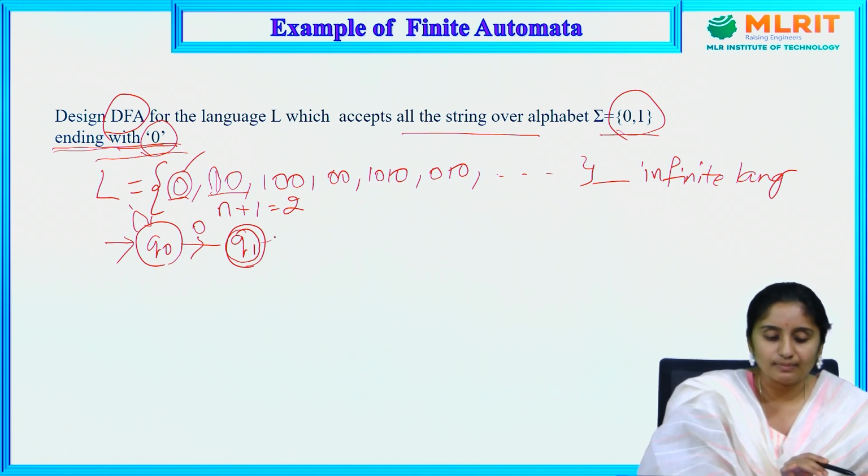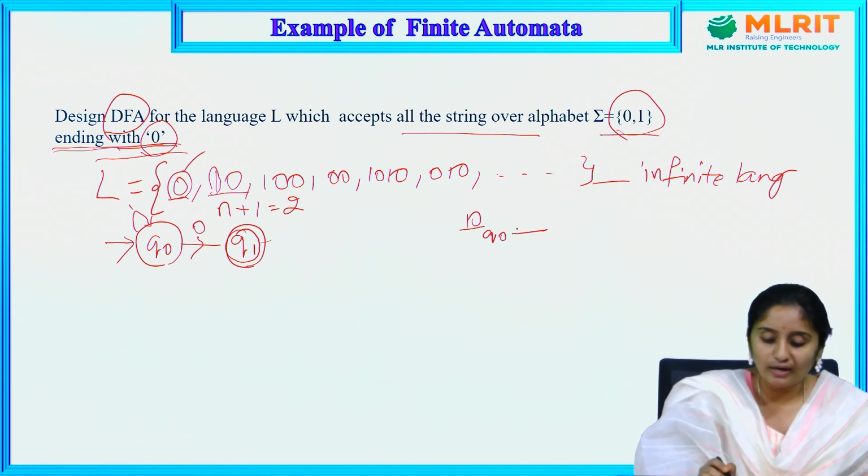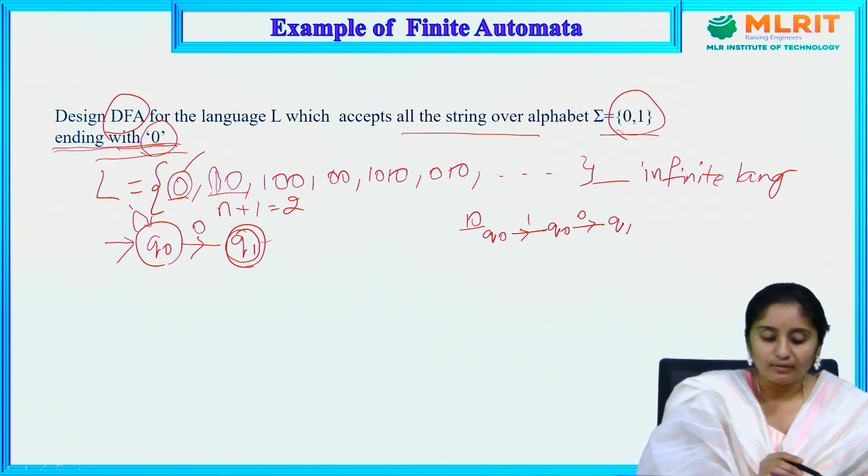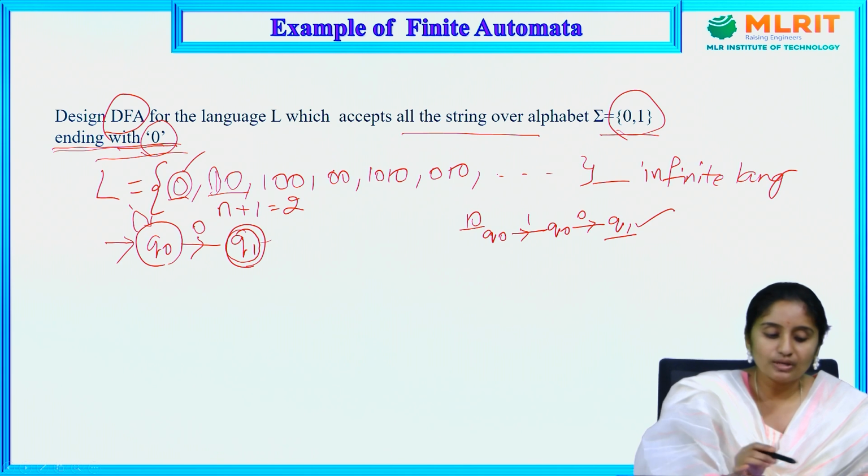It is accepted. So let me see here 1, 0. It is starting from Q0. Q0 on 1, it is staying on Q0, and Q0 on 0, it is moving to Q1. How are we going to tell the string is accepted? If it reaches the final state. So Q1 is the final state, so the string is accepted based on my DFA diagram.